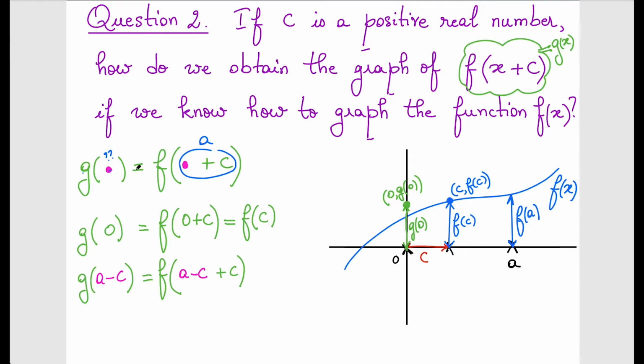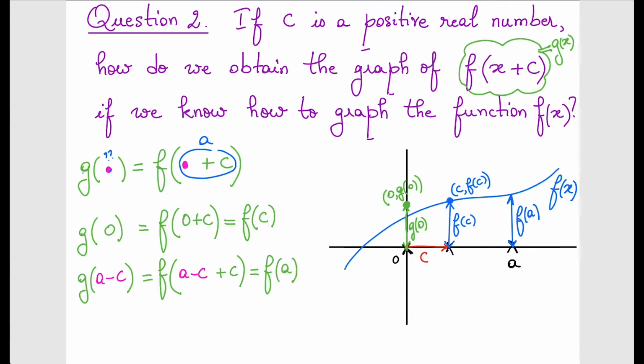If you didn't follow how we discovered the bullet, don't worry about it. Let me just start the discussion by asking you to evaluate g at a minus c. So g at a minus c is f of that a minus c, it's the same bullet, so a minus c plus the c. And how much is a minus c plus the c? It's a, right? So it's a.